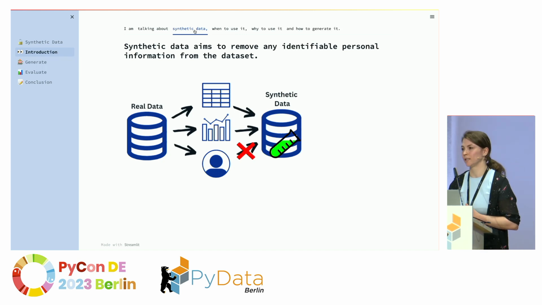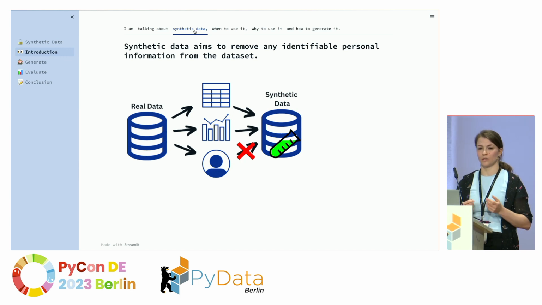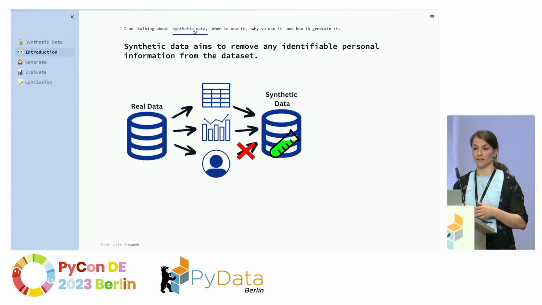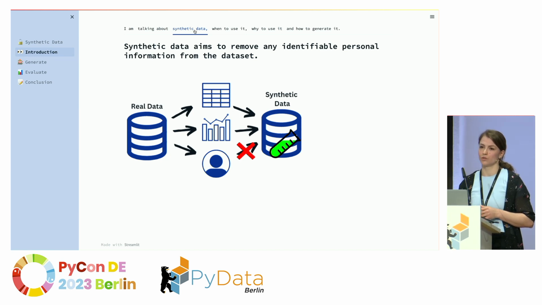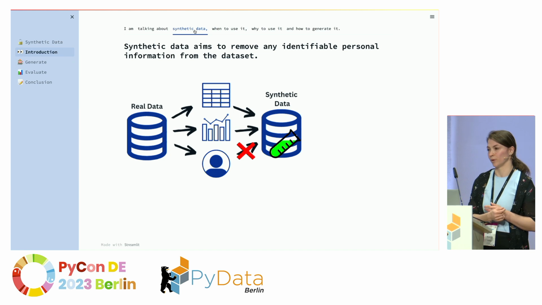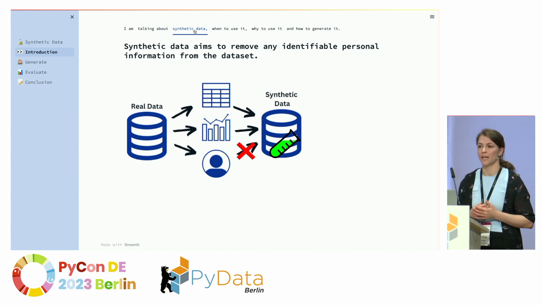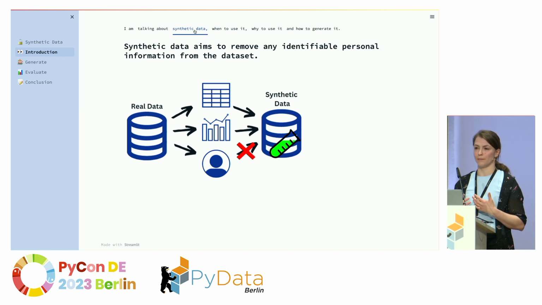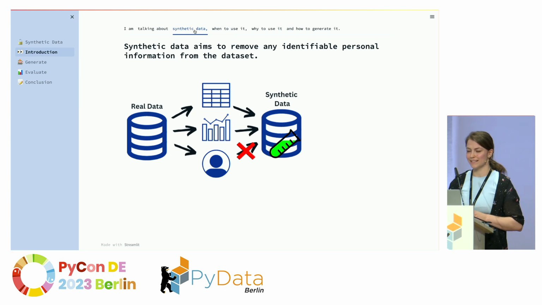But you don't transfer any personally identifiable information. So when you look into the synthetic data and you look at single records, you cannot pinpoint any information you find there to a real person in the world. And this is the huge benefit of synthetic data, because you can actually share the data without it being under GDPR rules, not yet, at least.